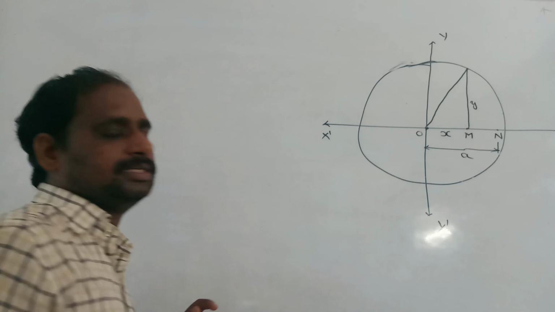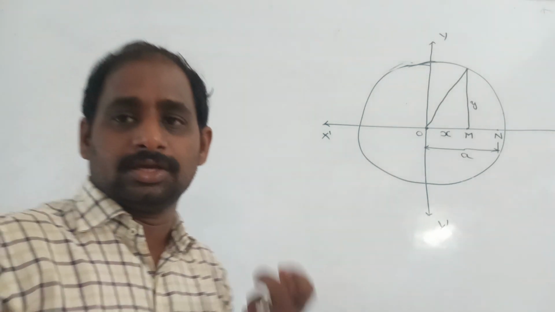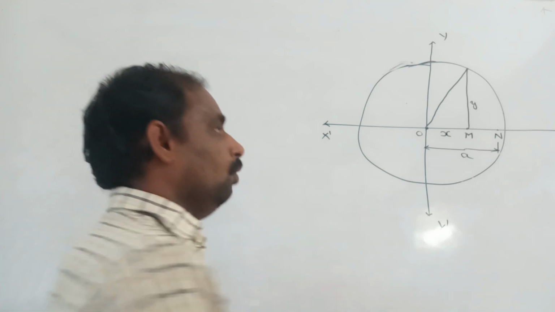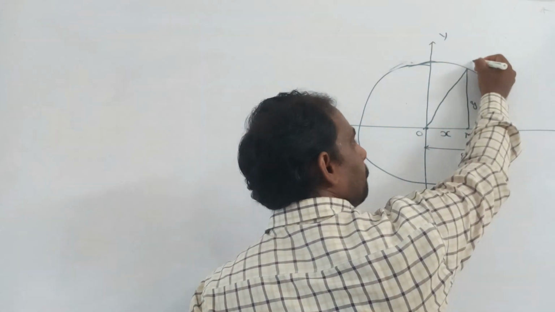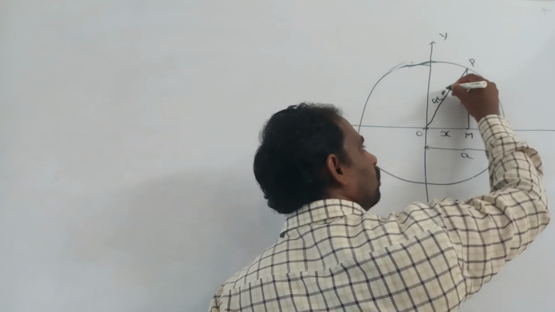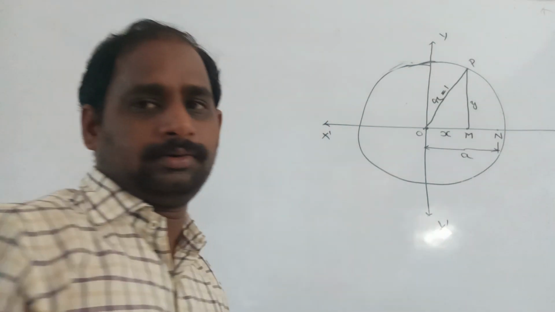Already I said that we have to take a unit circle. A unit circle is nothing but a circle whose radius is equal to 1. From O to P, this is called the radius. What is the value? 1.